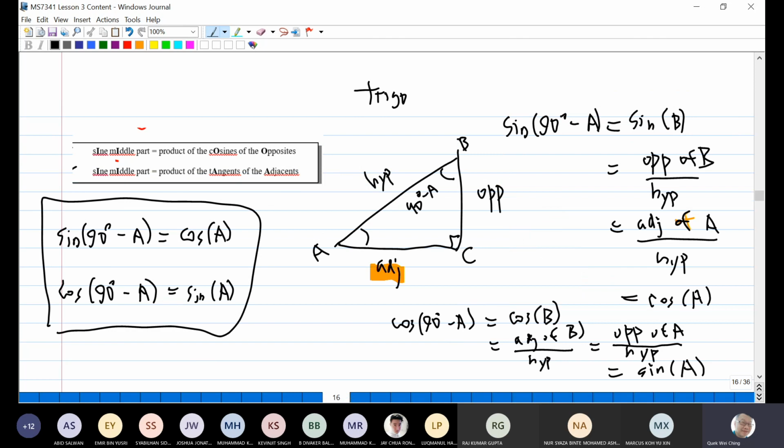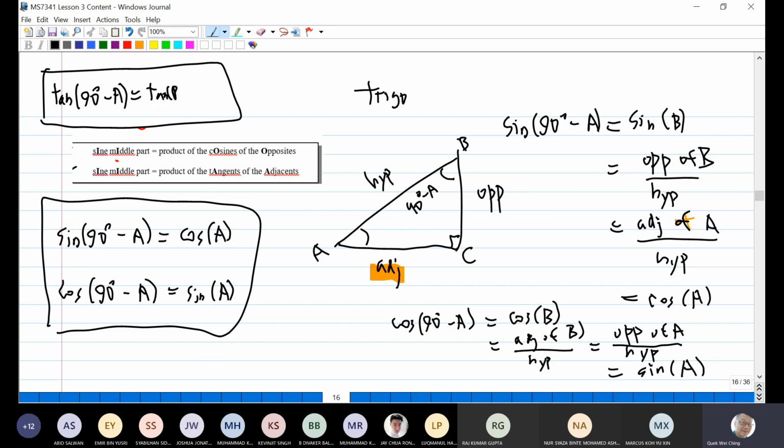Okay, how to find tangent of com A. Com A is 90 minus A, right? Tangent of com A, from the diagram, this is same as tangent of B here. What is tangent of B now?